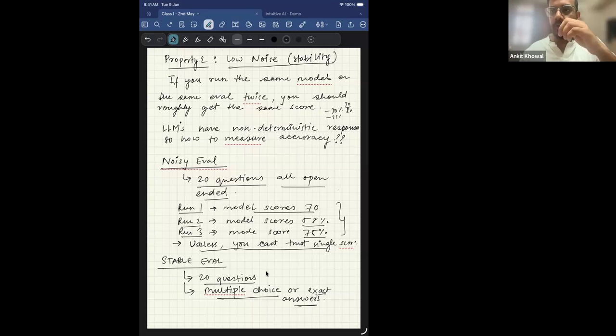Tomorrow you will go to your company and train a model on your company's data. So you have to come up with a testing framework or an evaluation of how the model is behaving, and whether it is correct or not. Evals are for doing that, and these are the two properties based on which an eval should be created.